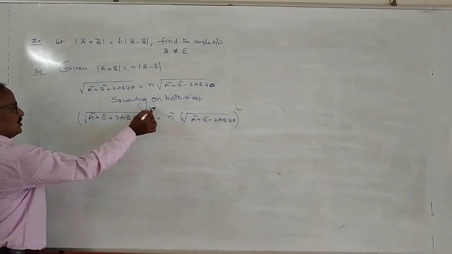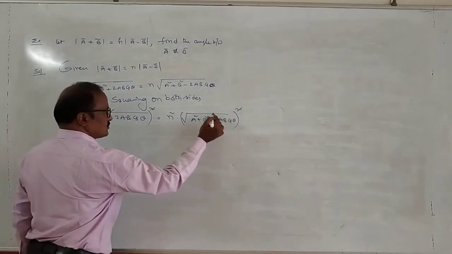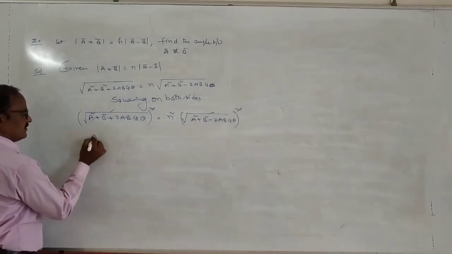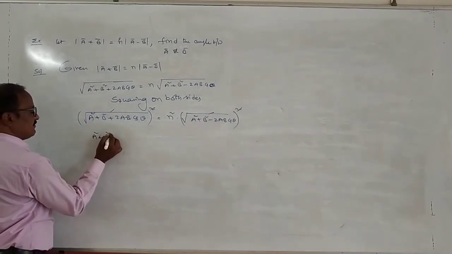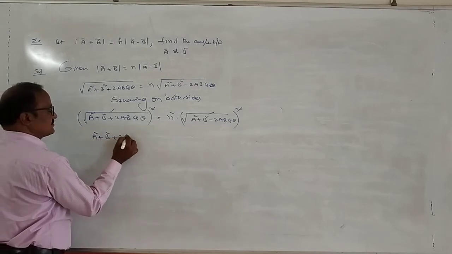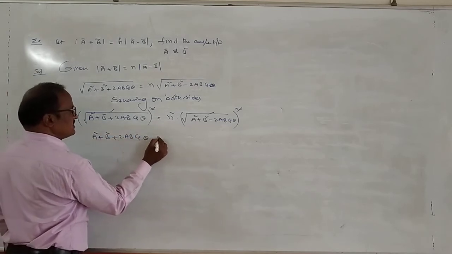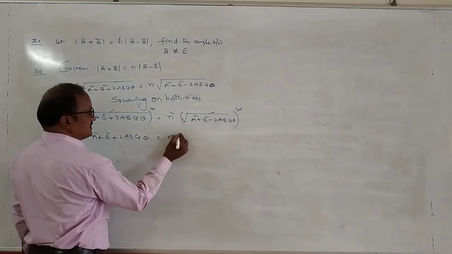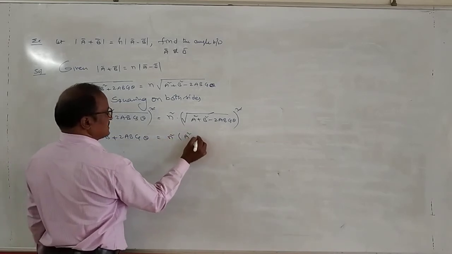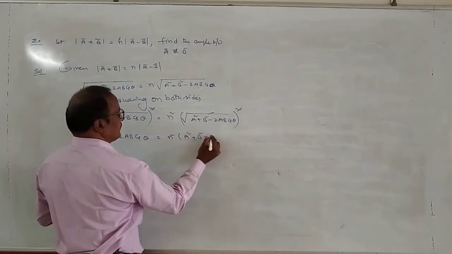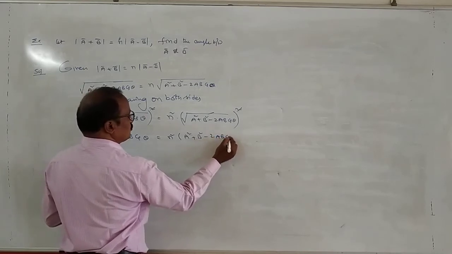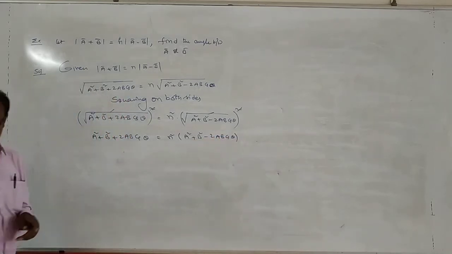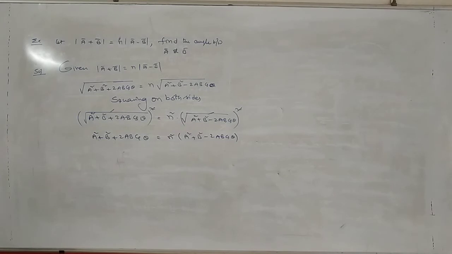Here the whole square and root cancel, and here also the whole square and root cancel. Then a square plus b square plus 2ab cos theta is equal to n square into a square plus b square minus 2ab cos theta.